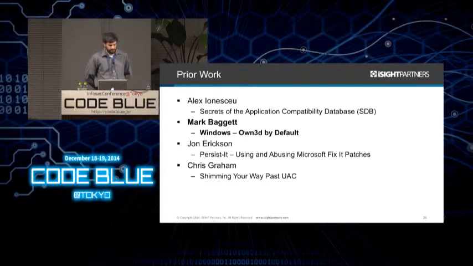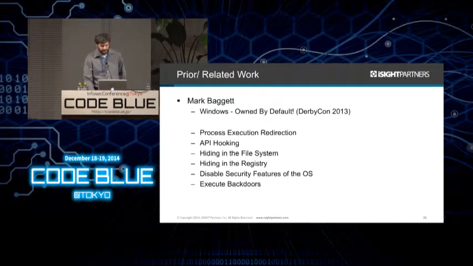Mark Baggett presented at Derbycon, Windows Owned by Default. His focus was taking a look at the application compatibility framework from the point of view of an attacker, and he's interested in doing rootkit type behaviors like process execution redirection, API hooking, hiding in the file system, hiding in the registry, disabling security features such as DEP and ASLR, and executing backdoors.